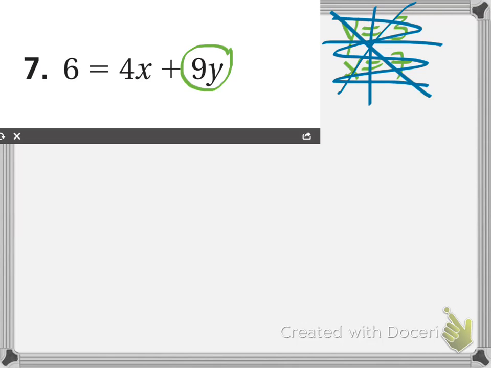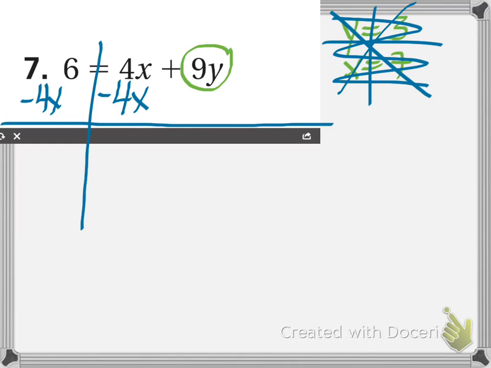Not just a constant. Okay, so to get 9y by itself, we have to first get rid of the other term that's with it, which would be 4x. The opposite of positive 4x we know is negative 4x. We know that whatever we do to one side of the equal sign, we have to do the other side. We get rid of 4x minus 4x because that cancels out and we get 0.